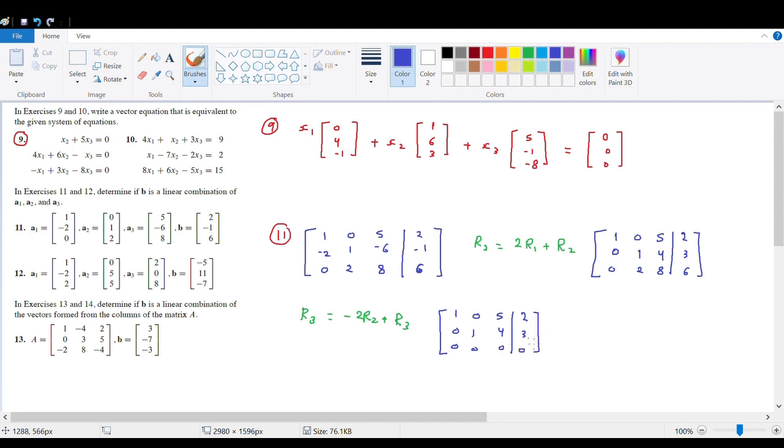So it is clear here that the system is consistent, so that means b is a linear combination of the vectors a1, a2, a3.